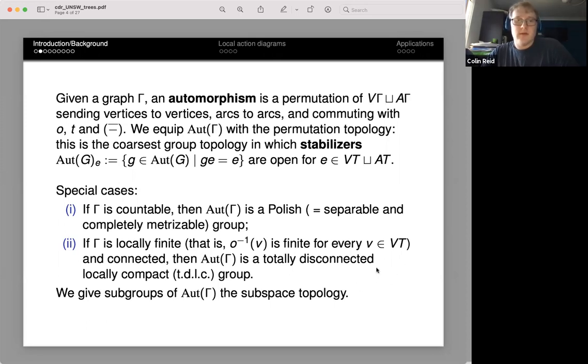And in some sense, you can't exactly see all totally disconnected locally compact groups this way, but you can understand the general theory of totally disconnected locally compact groups just by thinking of automorphism groups of connected locally finite graphs. So the connection goes both ways there. Then when we take subgroups of Aut Gamma, we just give them the subspace topology. Okay, so we have a nice setup here for talking about topological groups, or a certain family of topological groups.